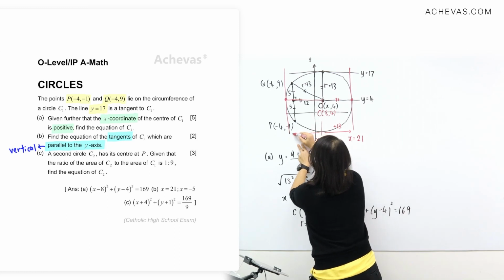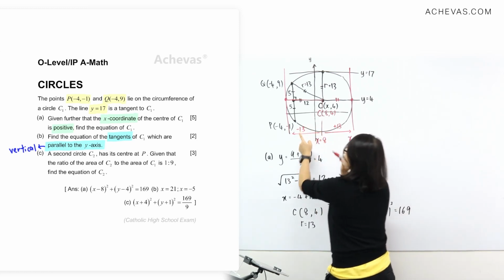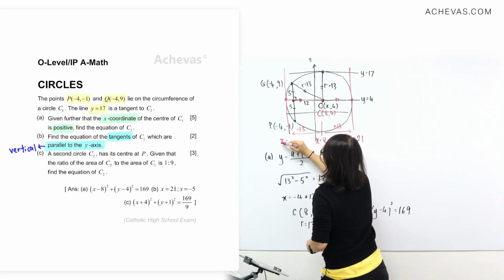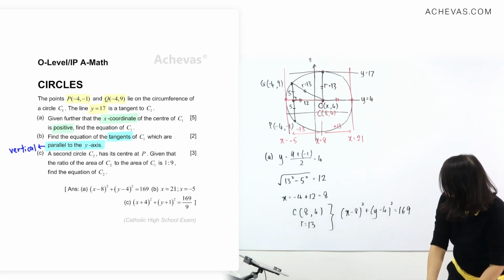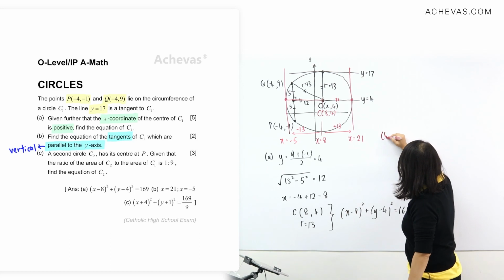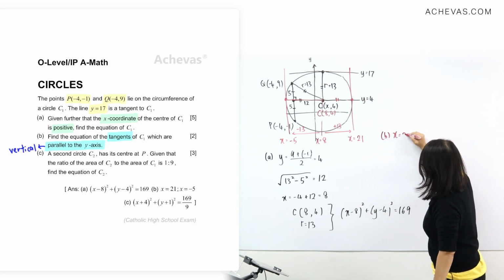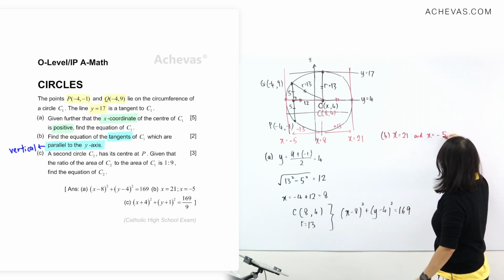Then I go to the left by subtracting the radius of 13. So 8 minus 13, this vertical line will take the value x equals -5. So for part B, the answer for the tangents will be x equals 21 and also x equals -5.